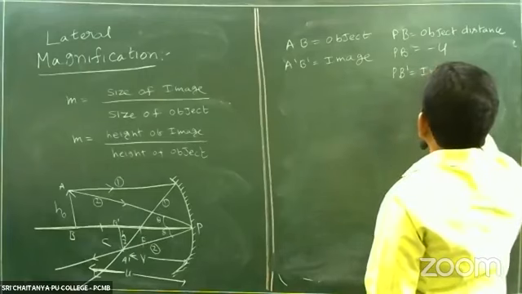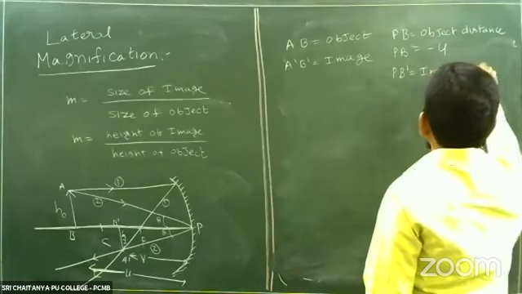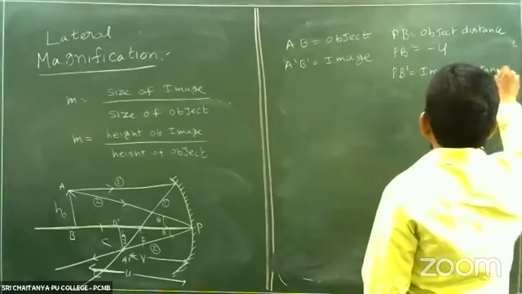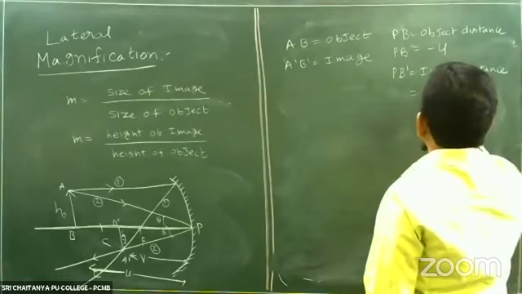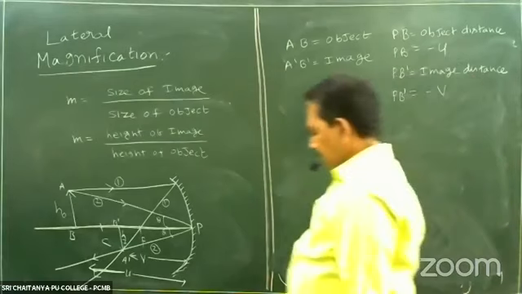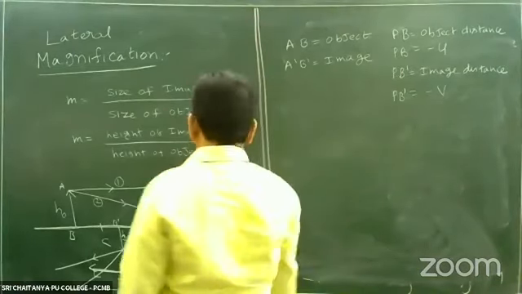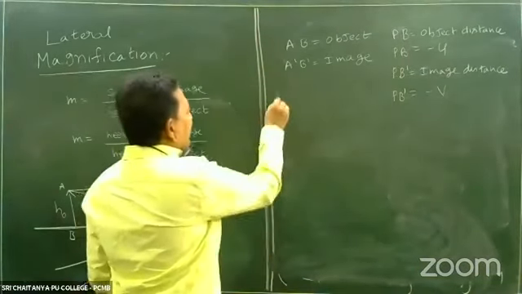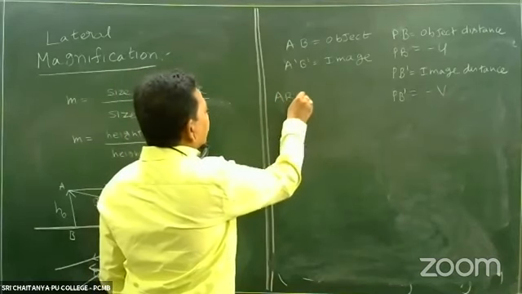PB dash, the image distance, is equal to minus V.